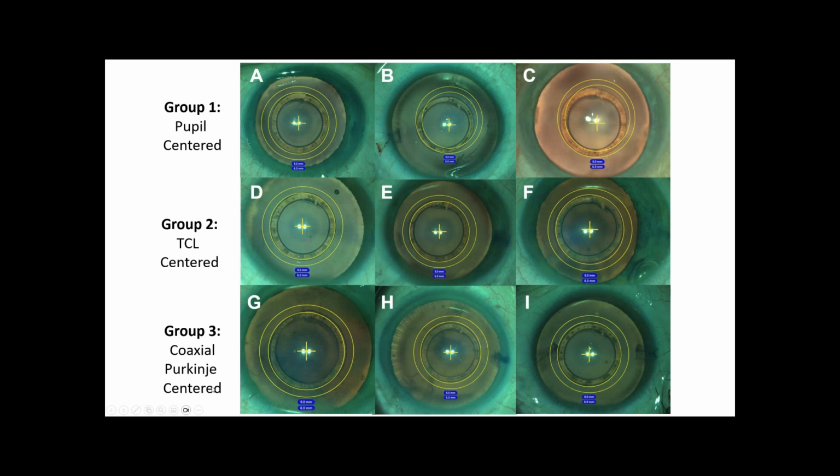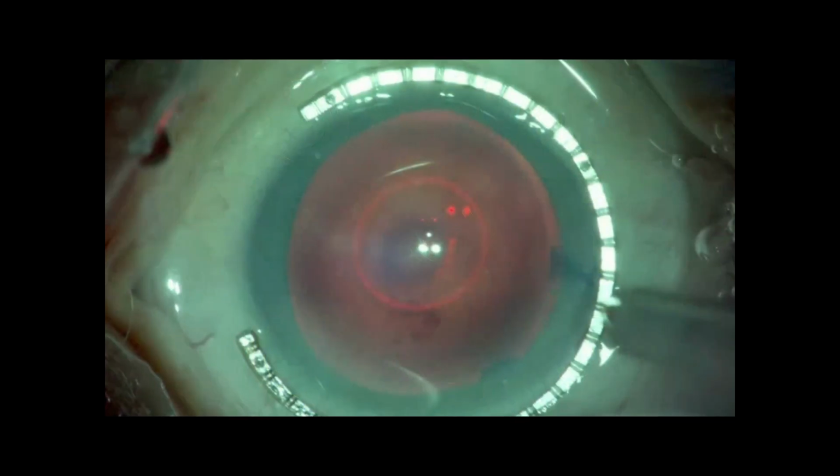The coaxial Purkinje image group, again, same story as for the Trypan group. Excellent correlation with the capsulotomy being centered on the visual axis. This is not what we intended, but this is what the data shows us. So it's showing us that the IOL is actually quite predictive to be on the visual axis, and intuitively we know this because multifocals and torics would not work that well if that did not occur.